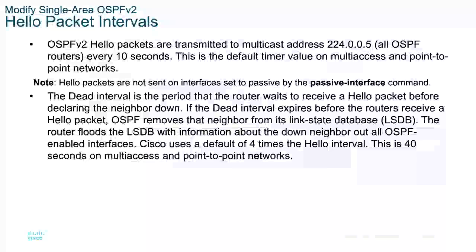So remember, hello packets are sent basically every 10 seconds. And the dead interval is 4 times that, so 40 seconds. Now, if we don't have receipt of those packets, the neighbor relationship is removed.